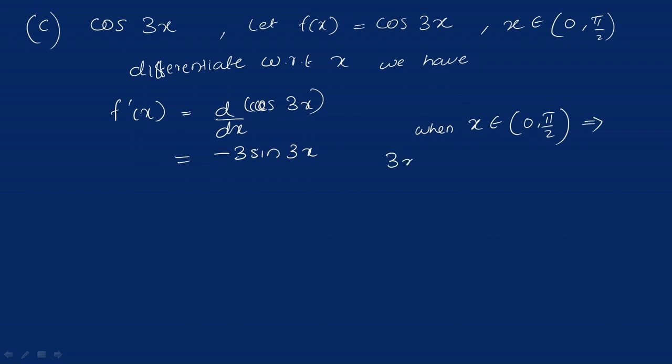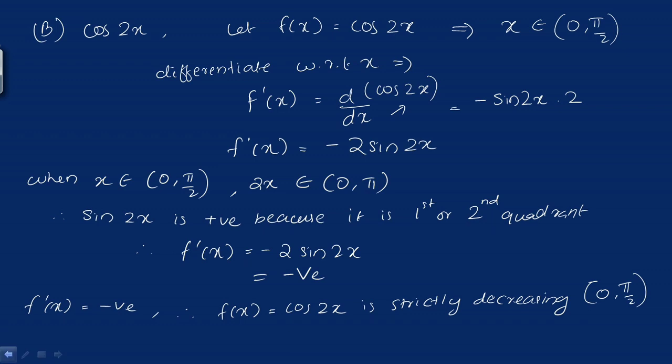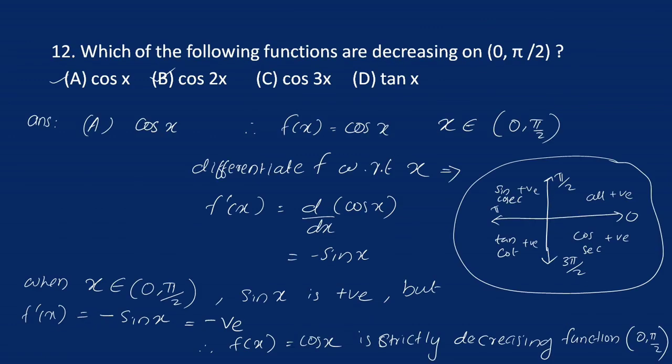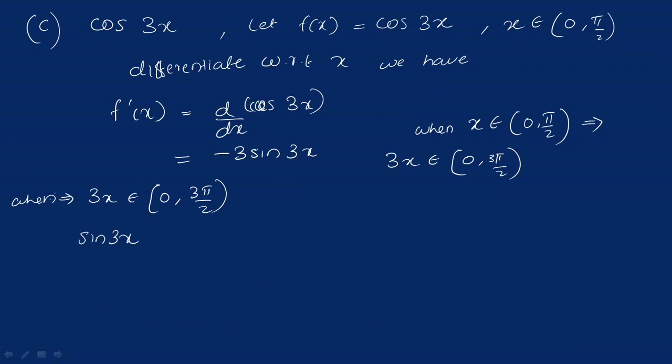So we can write that 3x belongs to the interval 0 to 3 into pi by 2, that is 3 pi by 2. When 3x belongs to the interval 0 to 3 pi by 2, it includes the first, second and third quadrants. In the third quadrant, sine terms are negative.